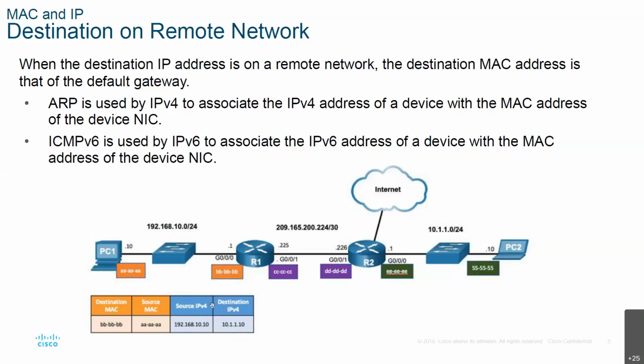Is it the same? No, it's not the same. That means you're sending to a different network, correct? The source IP and the destination IP address are not in the same network. They're on two separate networks.